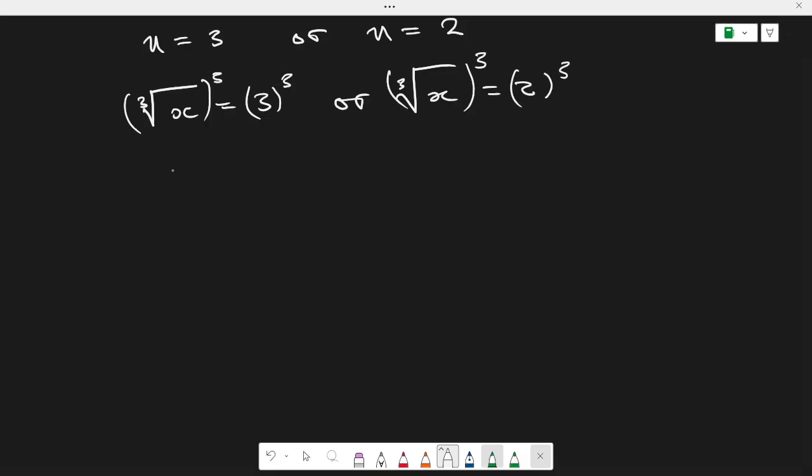What you get here is x to be equal to... actually I think I made a mistake. Okay. This one is supposed to have a negative.